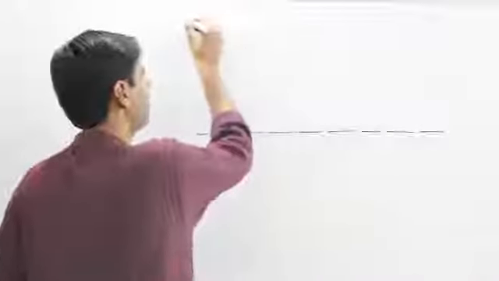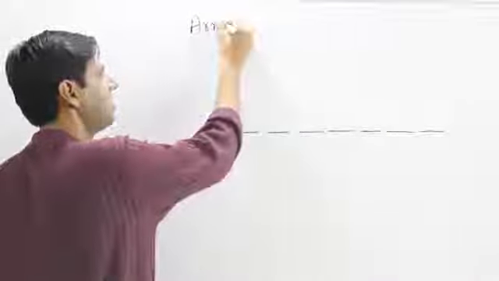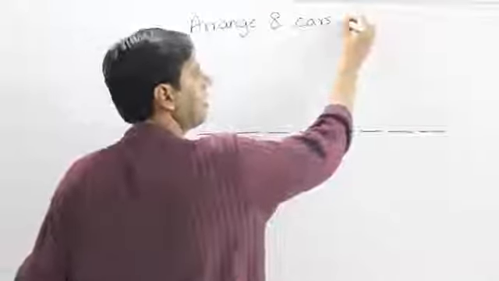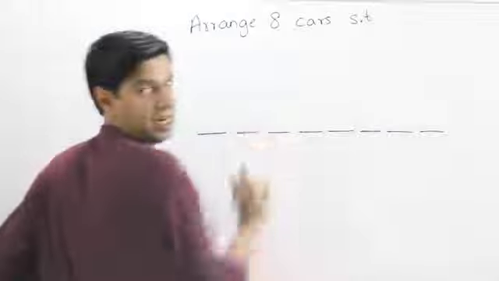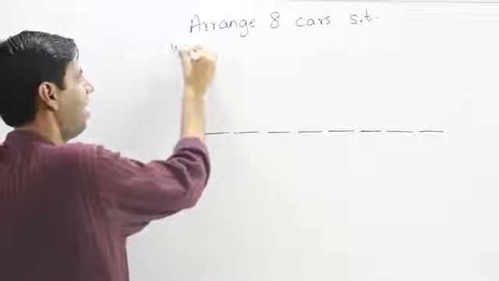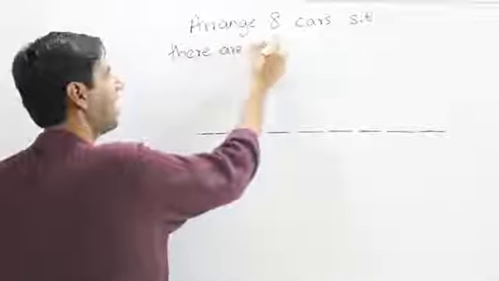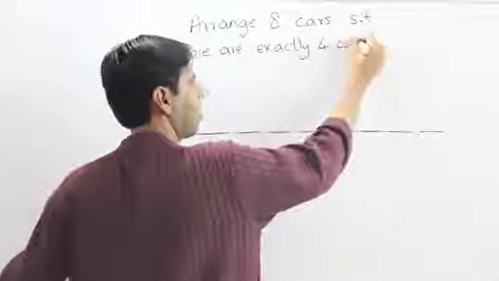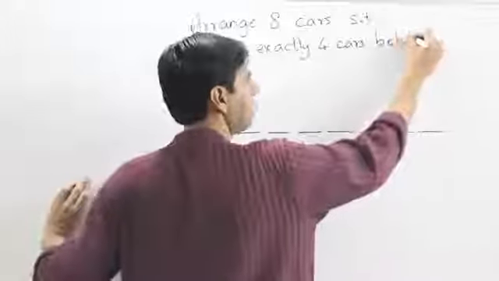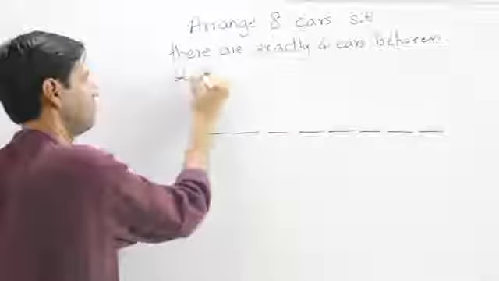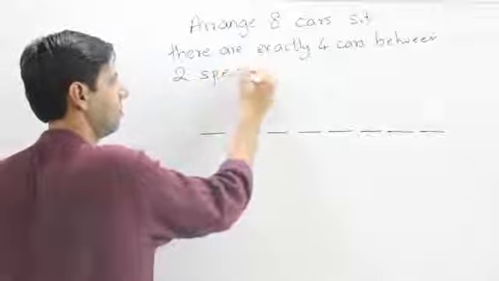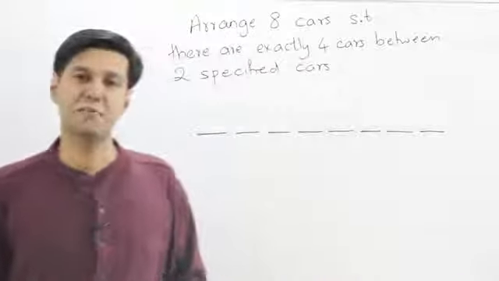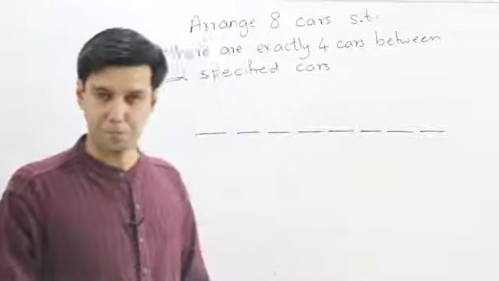I have 8 cars, so it is going to be arranging these 8 cars in this parking lot, but there's a condition. What is the condition? There are exactly 4 cars between, let's say, 2 specified cars. So 2 cars are specified and there need to be 4 between them. In how many different ways can the cars be parked here?